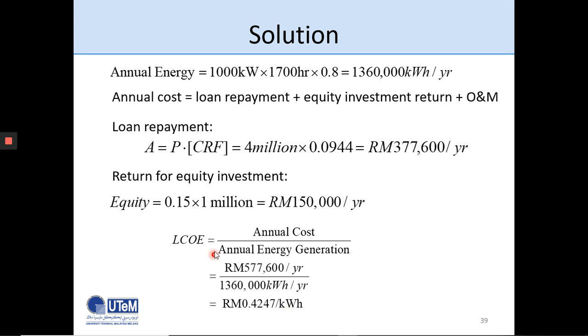So this is your levelized cost of energy. In other words, if you can sell the energy you generate higher than this value, then you should invest in this project. But if you cannot sell higher than this value, then you should not proceed with the project because you will incur a loss. So this is the idea behind the calculation of the levelized cost of energy.